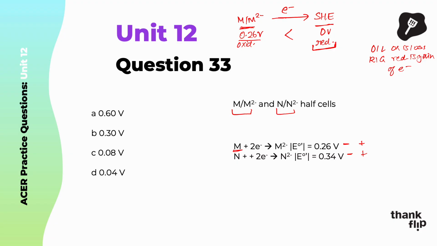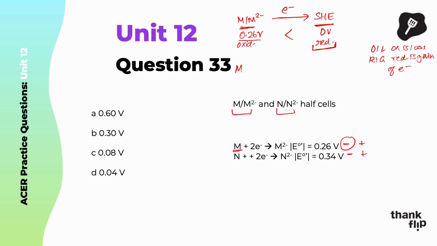So it must be more negative than 0, which means that it can only be this option here. It's going to be negative, not positive. Because if it was positive, then it would be more positive than the hydrogen electrode, and it would get reduced instead of the hydrogen electrode being reduced.